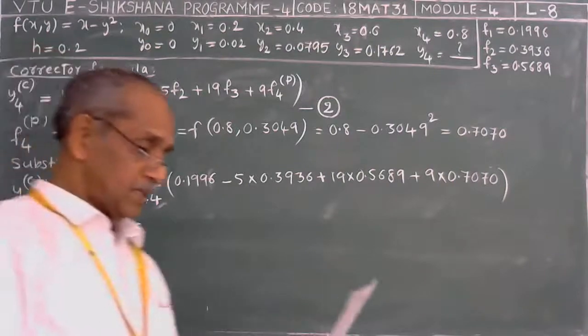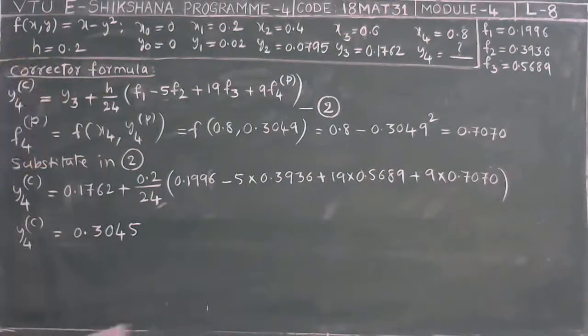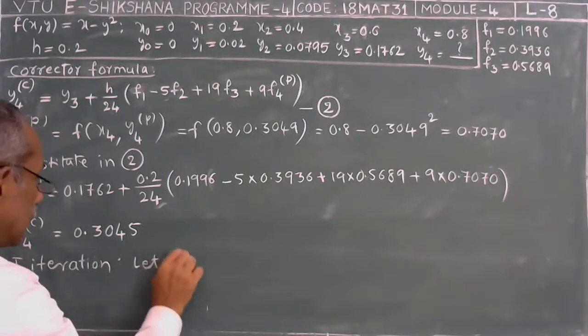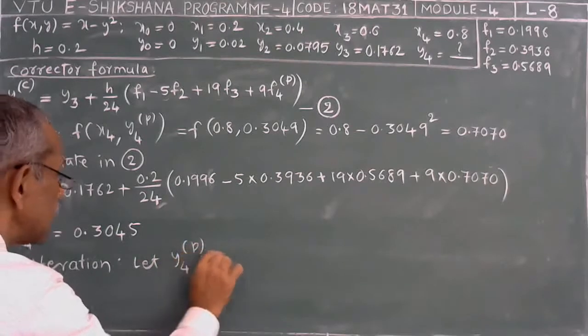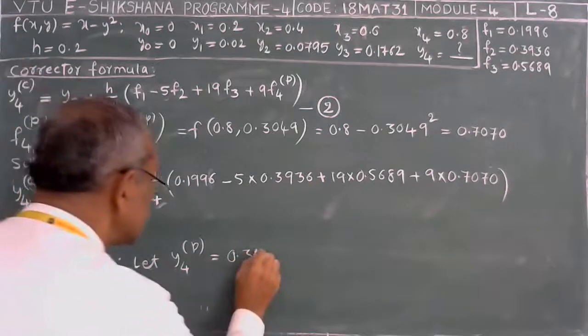Let us try to correct this one further by iteration, considering this itself as the y4p. First iteration. Let y4p be 0.3045.